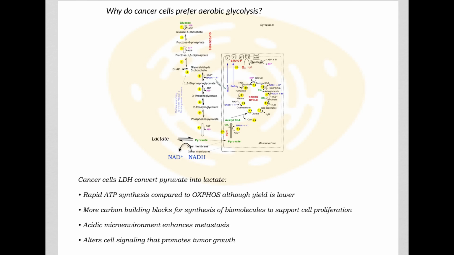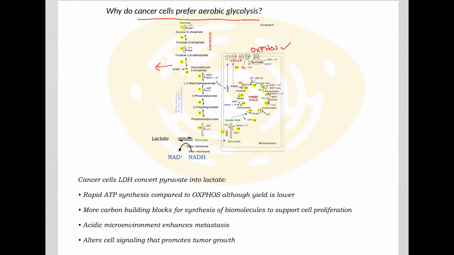Now, as far as the question, why do cancer cells prefer aerobic glycolysis? Why do they prefer to make their energy through the glycolysis system rather than the OXPHOS system? Although the OXPHOS system gives you much more ATPs per glucose, yet these cancer cells prefer to use the less efficient glycolysis system.